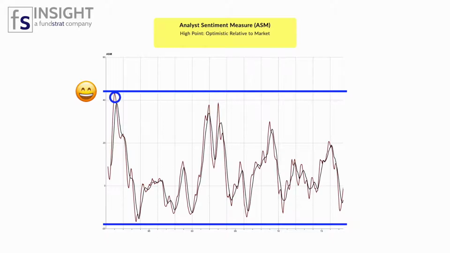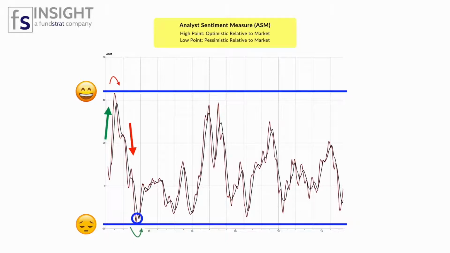What my work generally shows is when we have too much optimism, that ultimately becomes a contrarian sell signal. Too much good news becomes bad news. Same thing down here at the bottoms. When too much bad news is here, that ultimately becomes a contrarian buy signal. When too much bad news ultimately becomes good news.